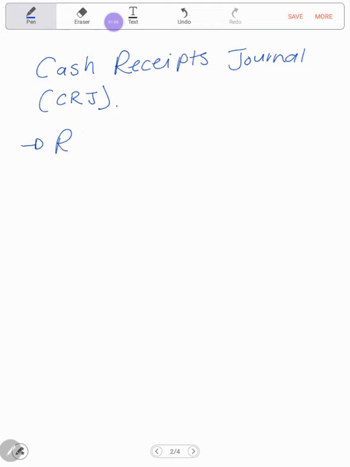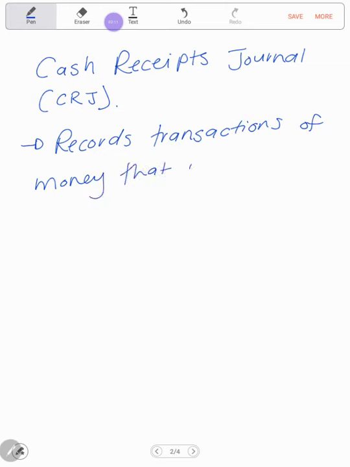What is it all about? It records transactions of money that is received by the business. So what does it record?